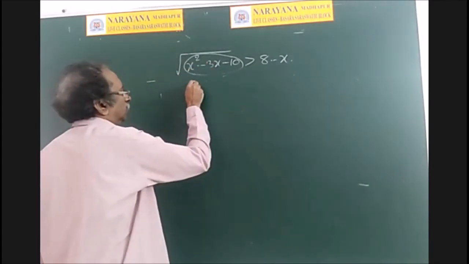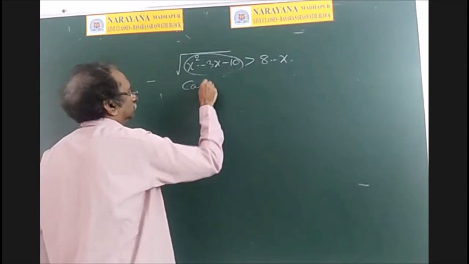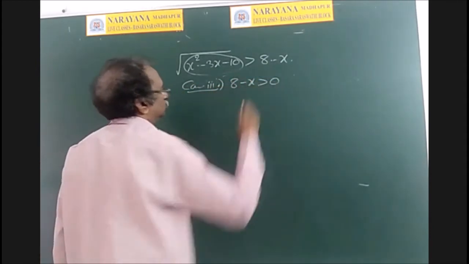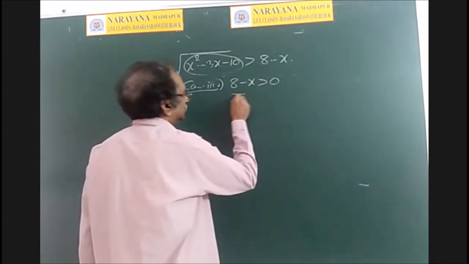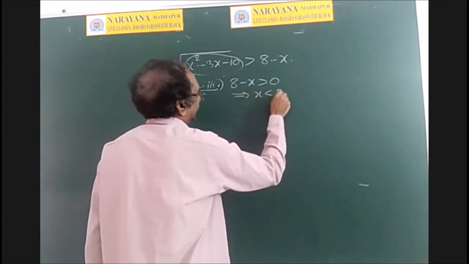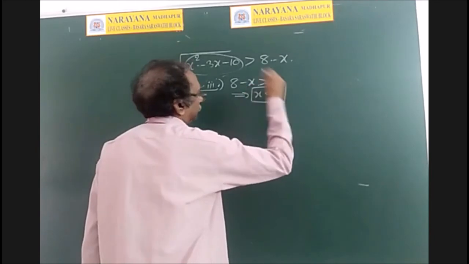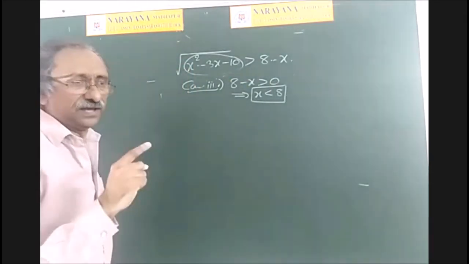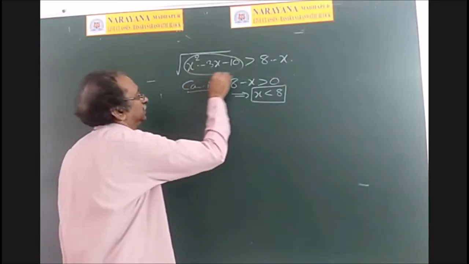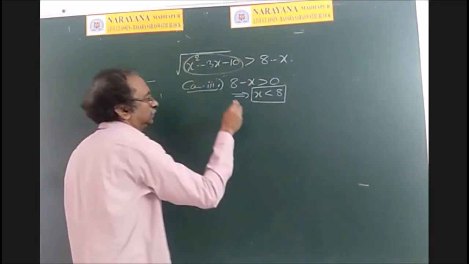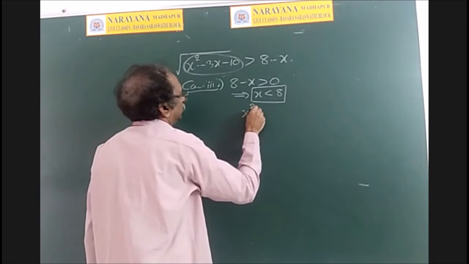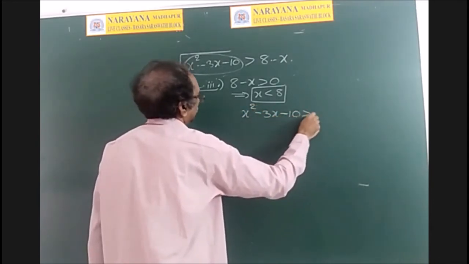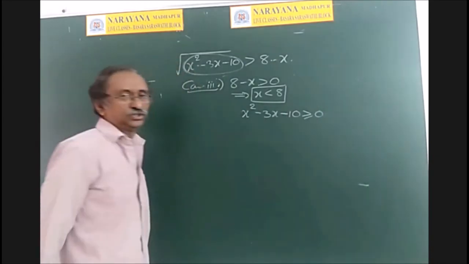Right, see, now what is case 3? 8 minus x is positive. That means x less than 8. That is one inequality. And in every case, the definite point must be greater than or equal to 0. So x square minus 3x minus 10 greater than or equal to 0.